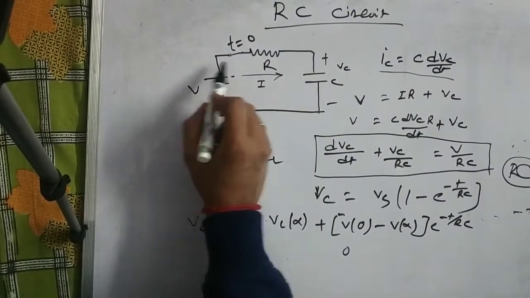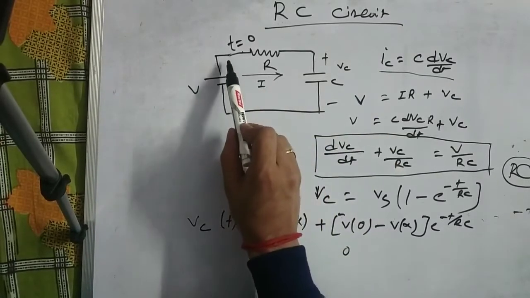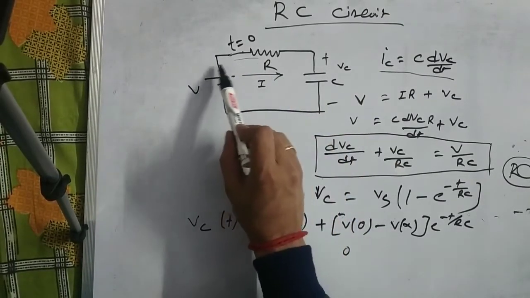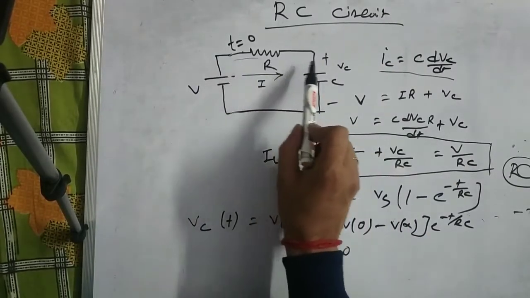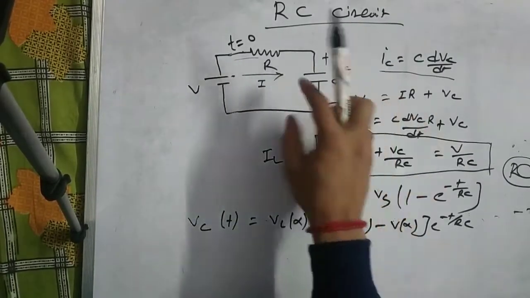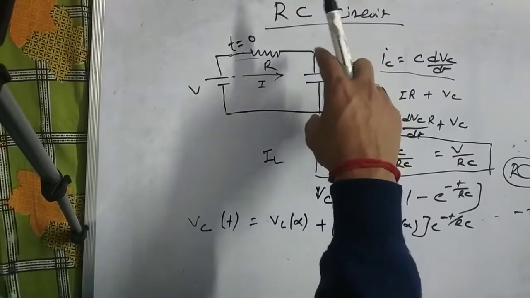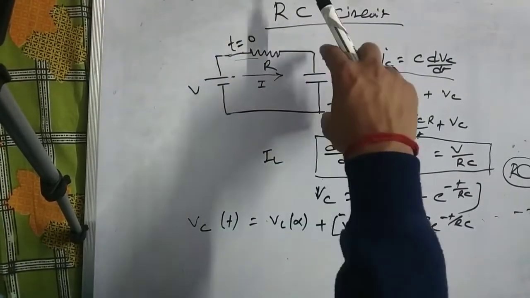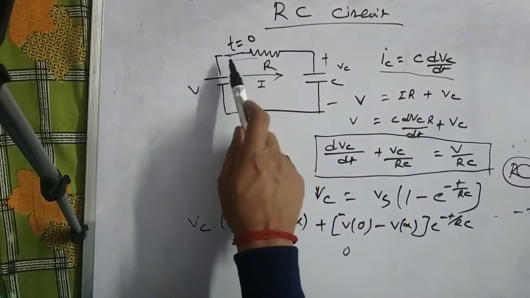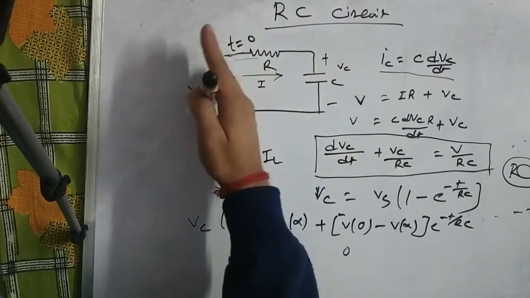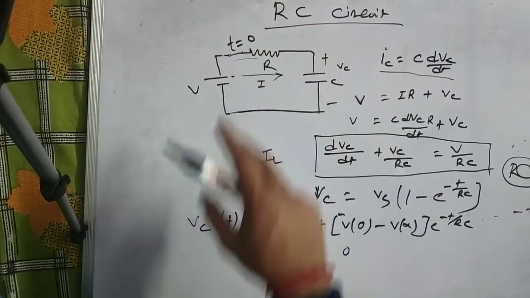Now after that, what will happen? The capacitor is charging. At some point of time, the capacitor will charge to the same voltage V. Then this voltage and this voltage will be equal, so there is no current flow through the circuit, and the capacitor will act as an open circuit.